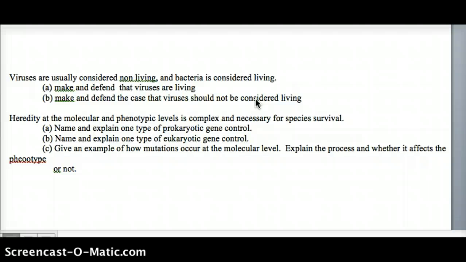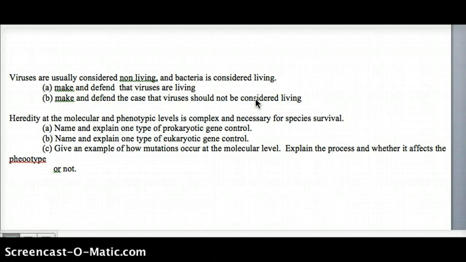Heredity at the molecular and phenotypic levels is complex and necessary for species survival. Name and explain one type of prokaryotic gene control. Well, there I'm talking about the operons. So you would pick one of the two operons and explain how that's part of prokaryotic gene control.